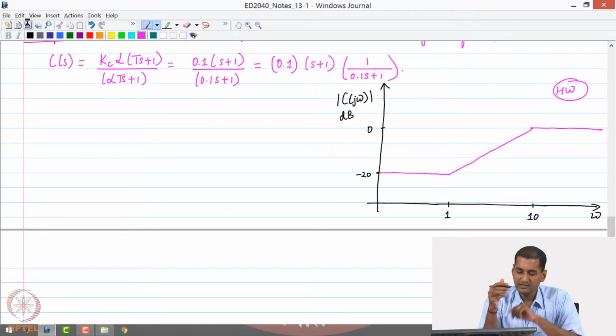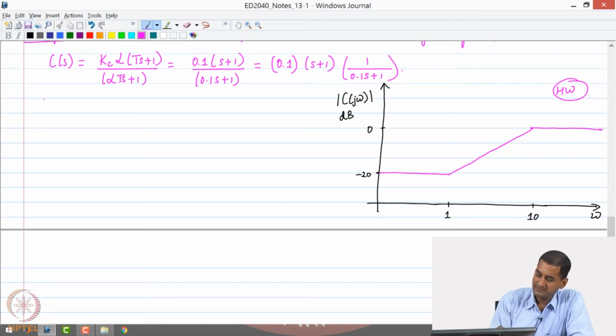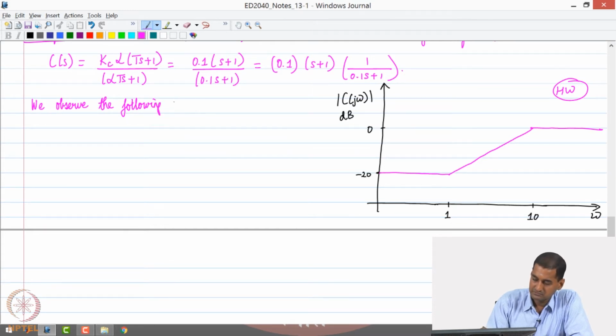One could immediately observe the following from the log magnitude plot. What do we observe?